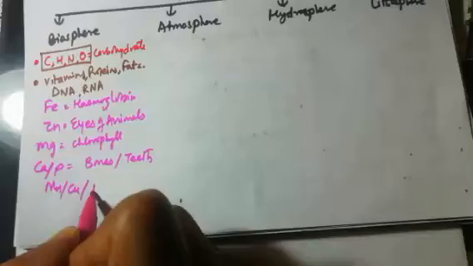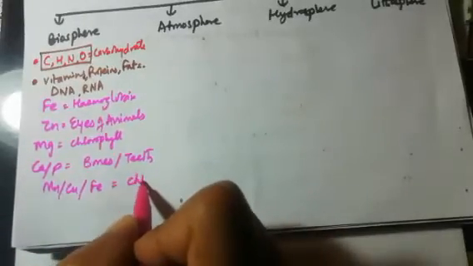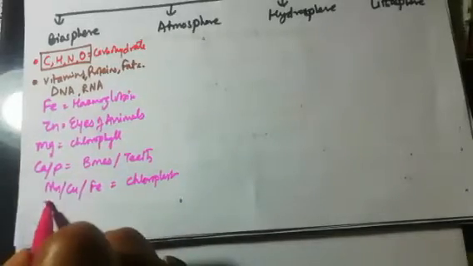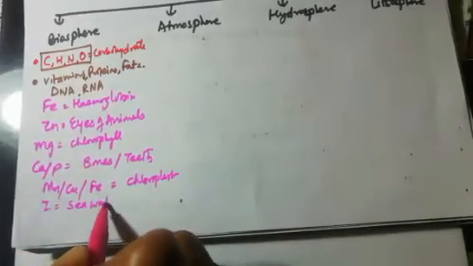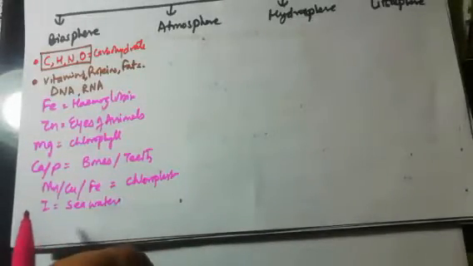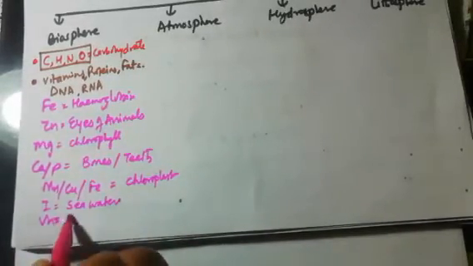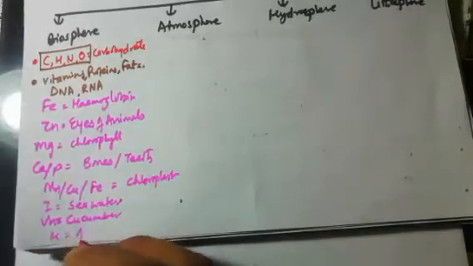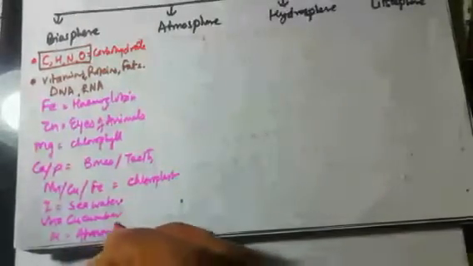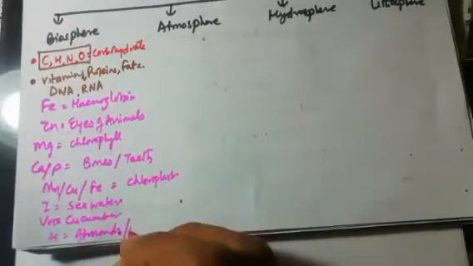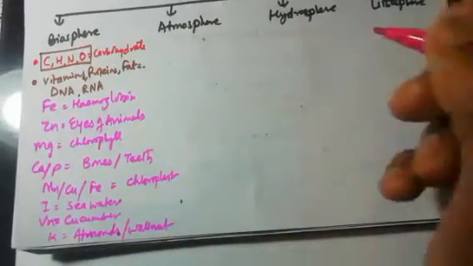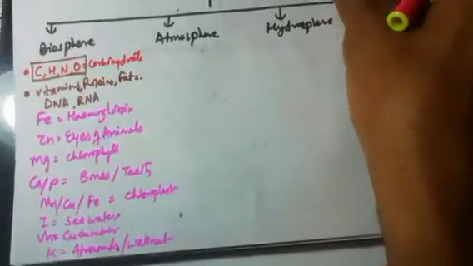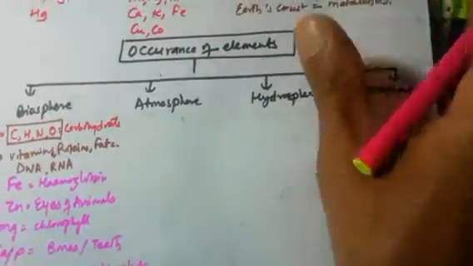Manganese, copper, iron are found in the chloroplast of leaves. Iodine is found in seawater. Similarly, vanadium is found in cucumber, and potassium is found in almonds and walnuts. These are the basic abundances of metals found in the biosphere. Even it is found in the human body also.